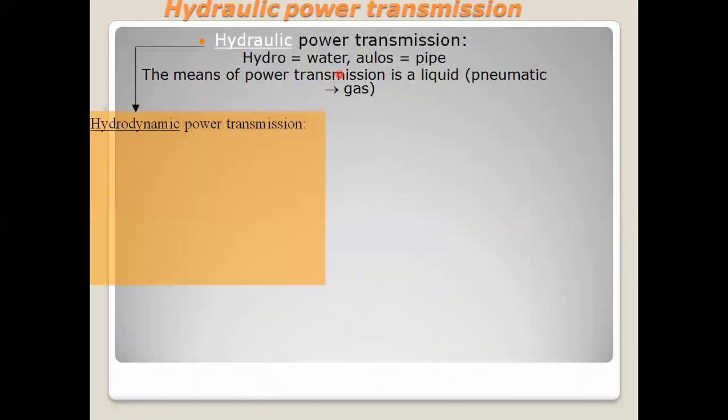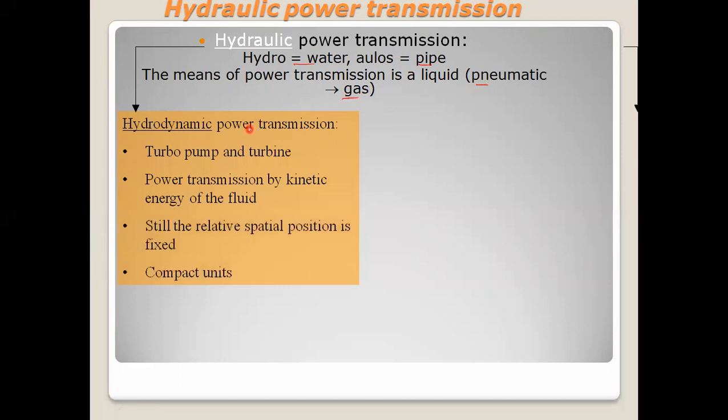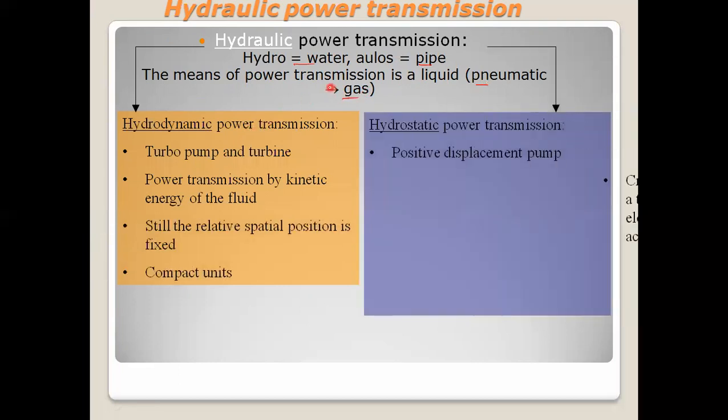Now the hydraulic power transmission. Hydro means water, and aulos means pipe. That means the power transmission medium is a liquid, whereas pneumatic is gas.